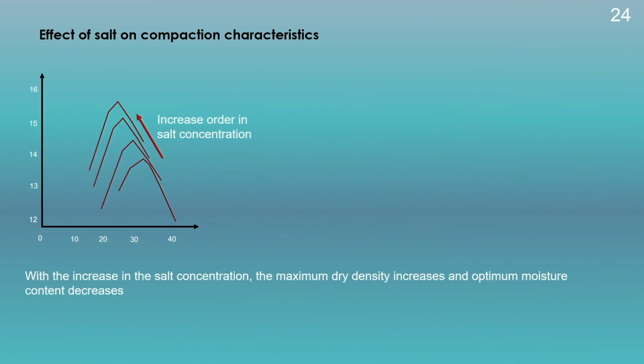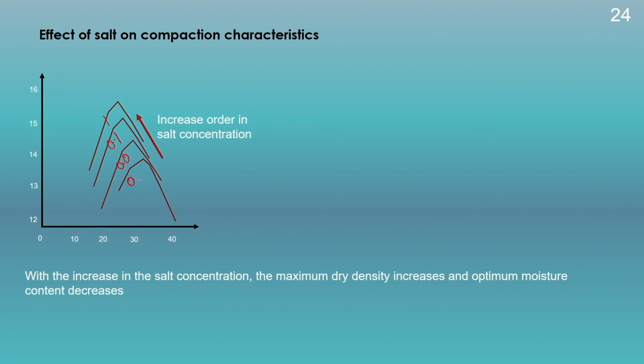Now, if we compare the compaction curves at different salt concentrations, we can see here these are the different compaction curves for different salt concentrations, and this is with deionized water, 0.01 N concentration, 0.1 N concentration and 1 N concentration.